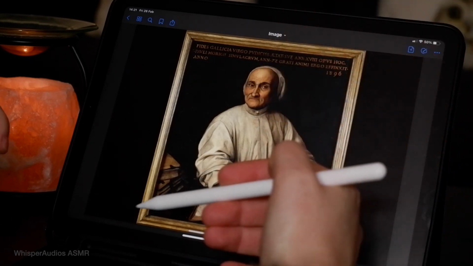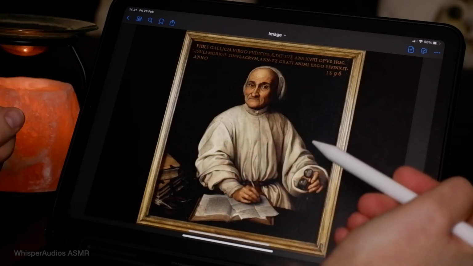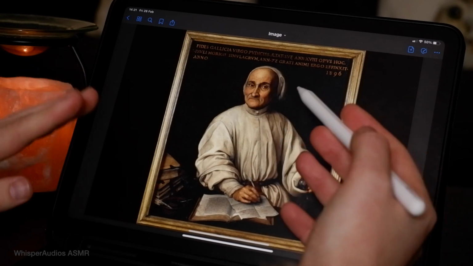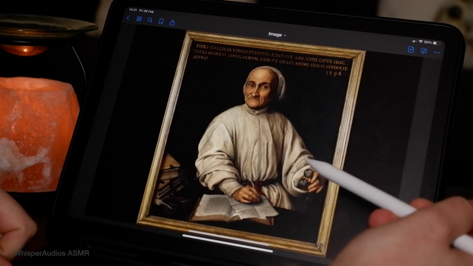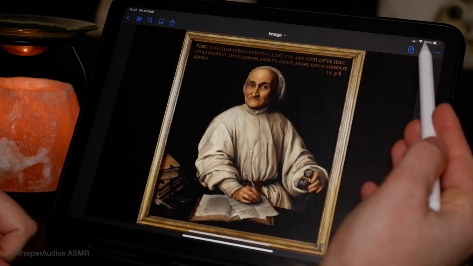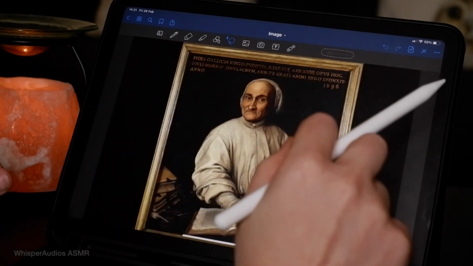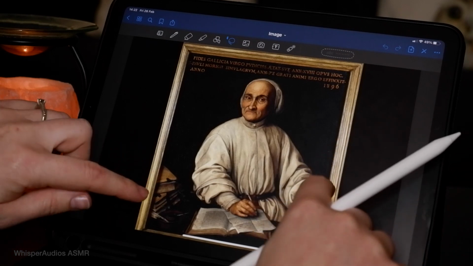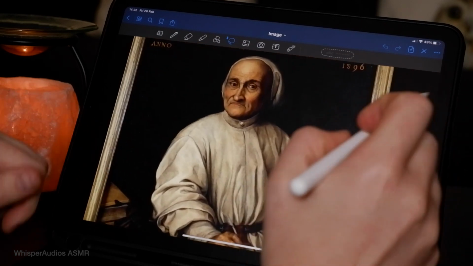Okay, so before we get into the analysis and the history behind this portrait, we're going to take a little look at it ourselves and kind of critique it a little bit. So let's have a look properly.